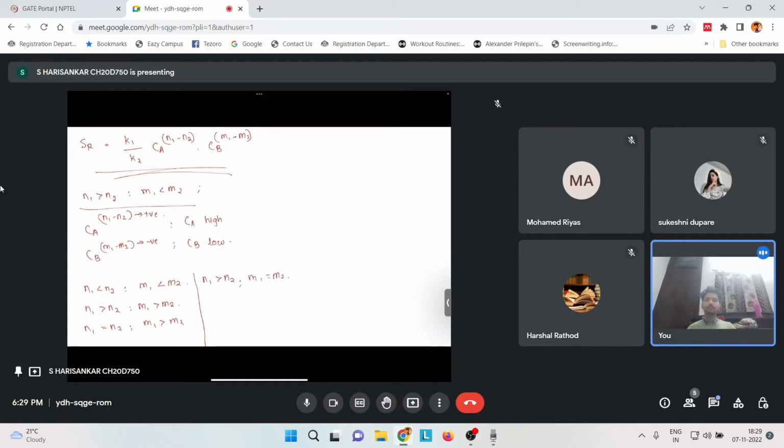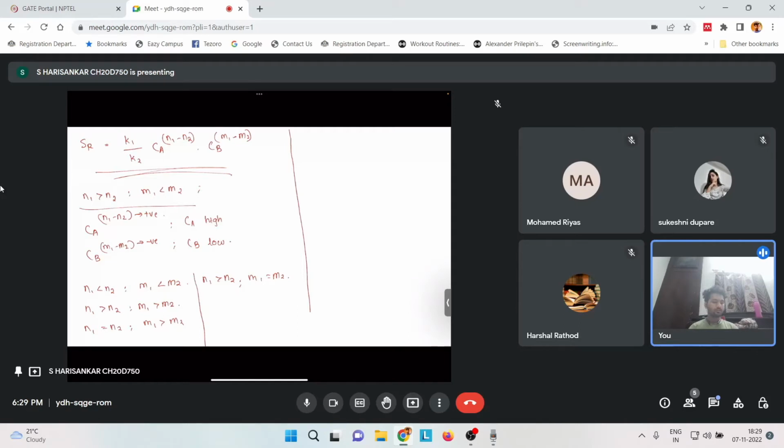So you can have a variety of cases like this, and based on the values of n1 and n2 and m1 and m2, you can decide whether you want to keep the concentration of this particular reactant as high or low. Right? Fine. So that is about it for parallel reactions.